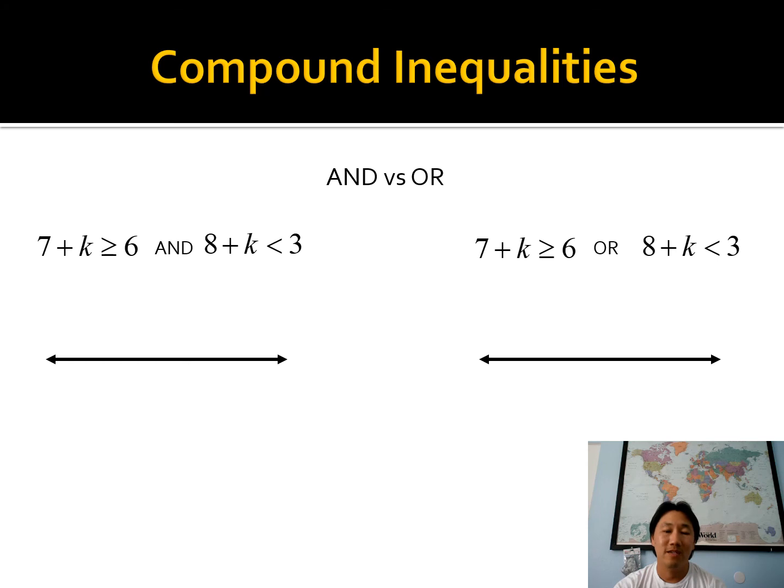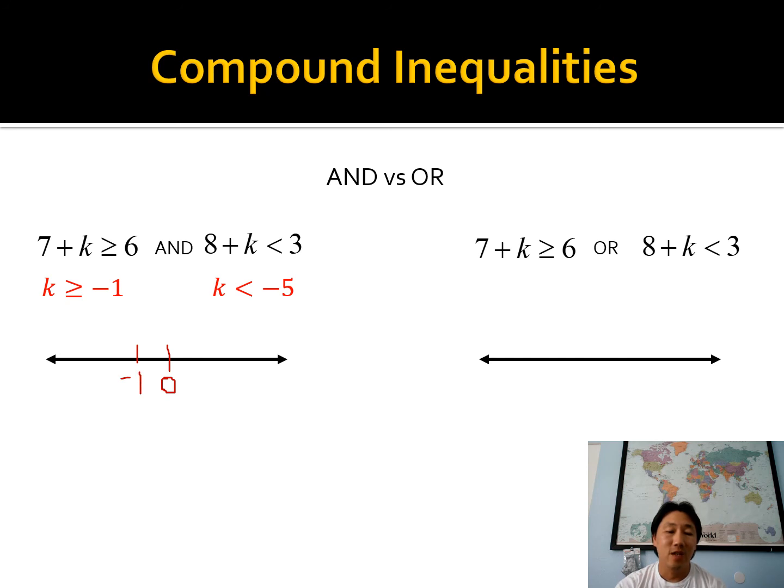Let's go ahead and solve the first one. Very simple. K is greater than or equal to 1. And then the second one, K is less than -5. Let's go ahead and graph that. Remember, always find 0. Here's 1.